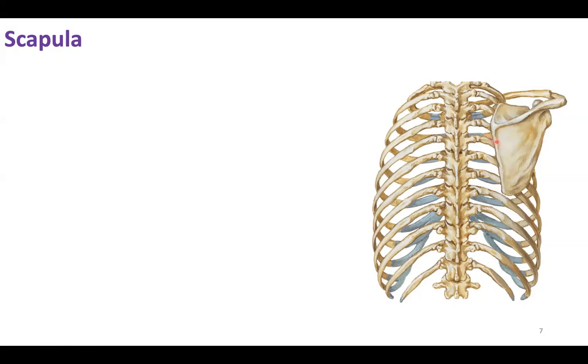So it forms a physiological scapulothoracic joint with the ribs. But as you see it here, laterally, it articulates with clavicle, and here inferolaterally, it articulates with humerus.